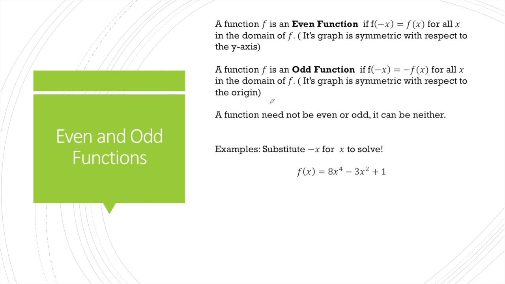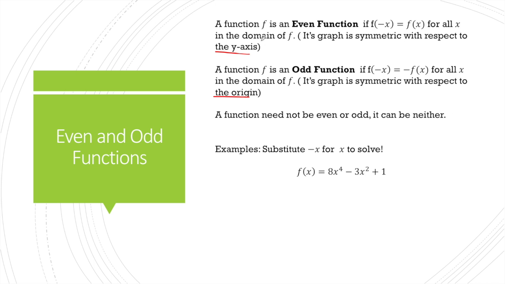So a function is an even function if it has symmetry with respect to the y-axis, and a function is an odd function if it has symmetry with respect to the origin, okay? Functions don't have to be even or odd, just so you know, they can be neither.